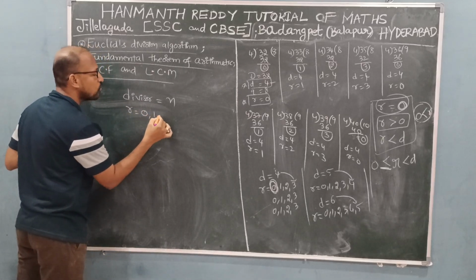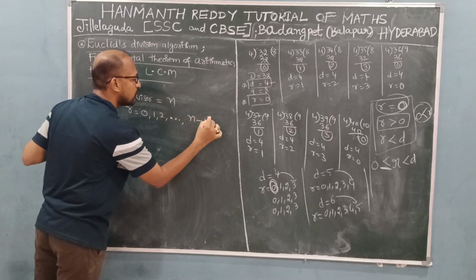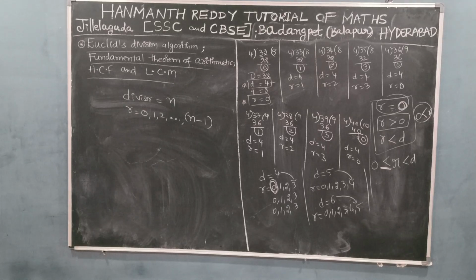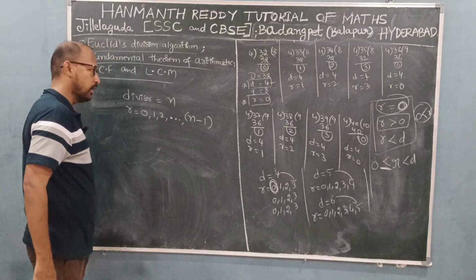It may be 0 to n minus 1. Remember this: 0 to n minus 1. These are the possible remainders. If the divisor is n, the maximum remainder is n minus 1.